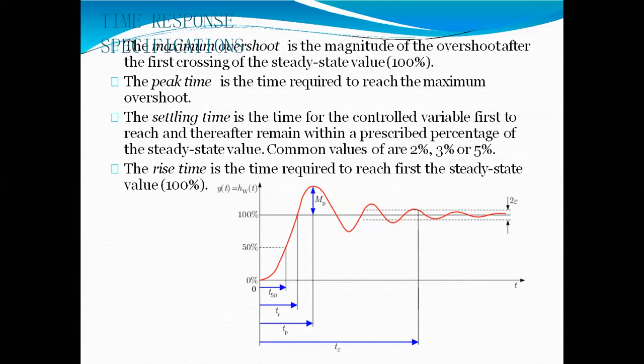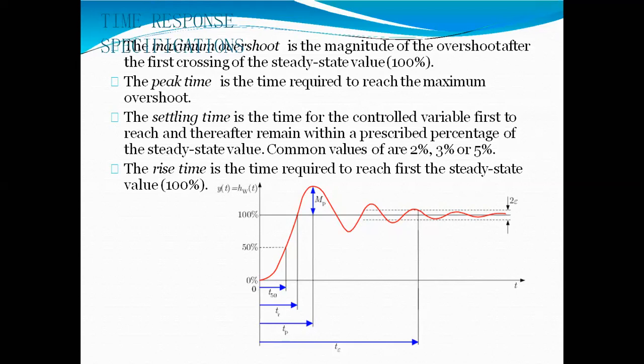That response also I will try to define by some steady state value. It can be common values like 2% of the applied input, 3%, 5%. Then if you go for calculation of the 2, 3, 4 and 5%, you will find these values will be inside the settling time.